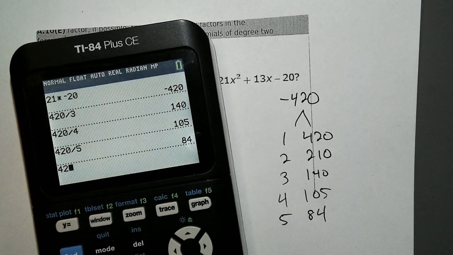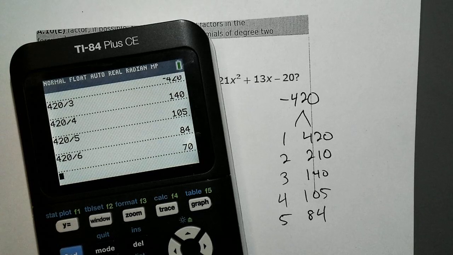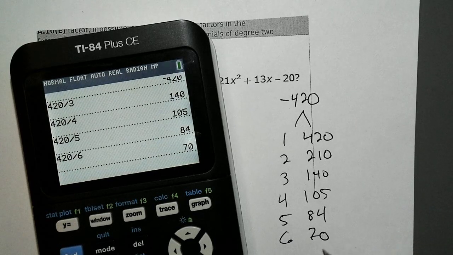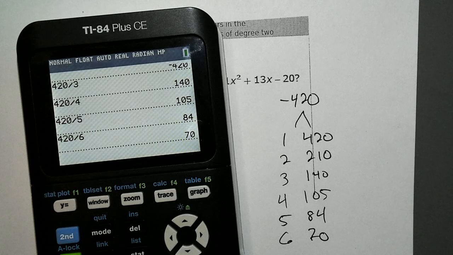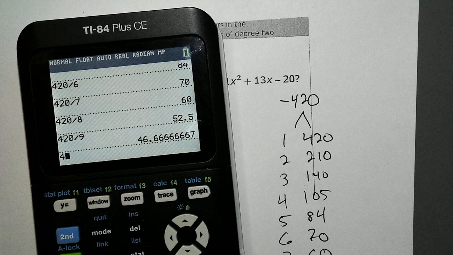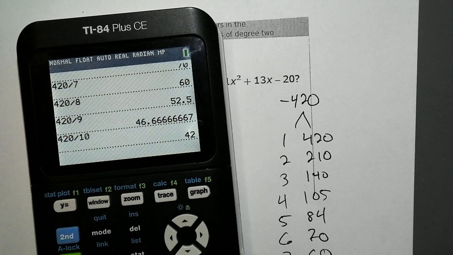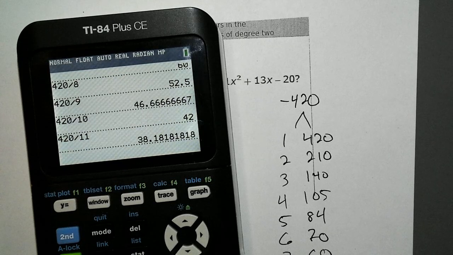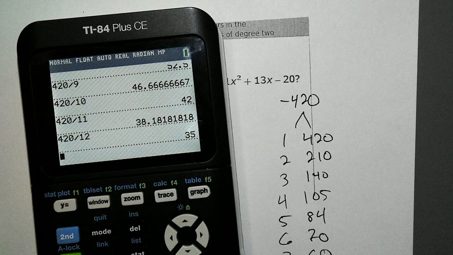Let's try 6. 6 goes in there 70 times. Let's try 7. 7 goes in there 60 times. Let's try 8. Nope. 9. 420 divided by 10 goes in there 42 times. Nope. 11 doesn't go in there. 12 goes in there 35 times.